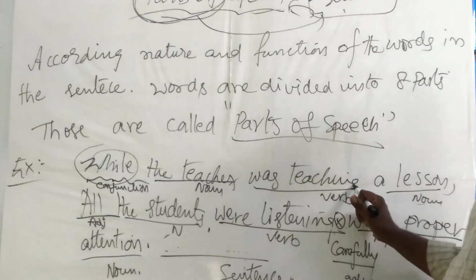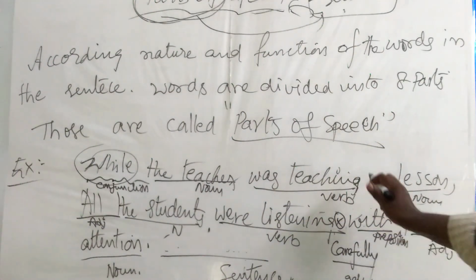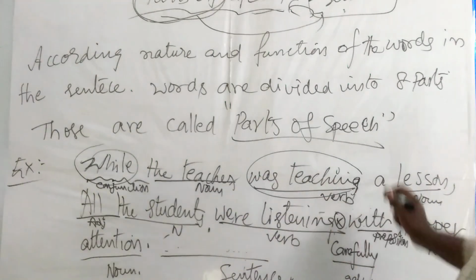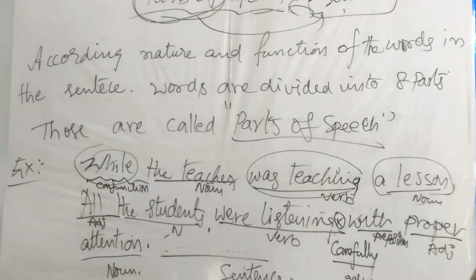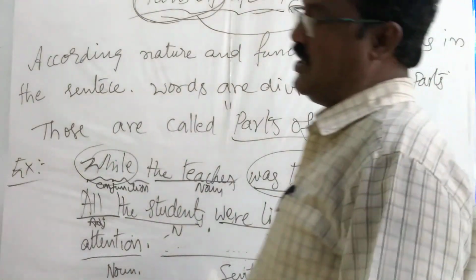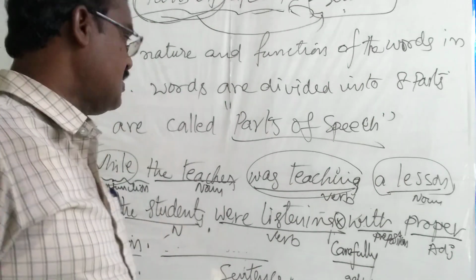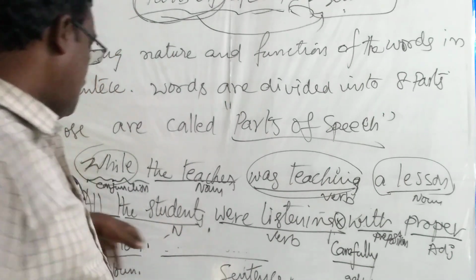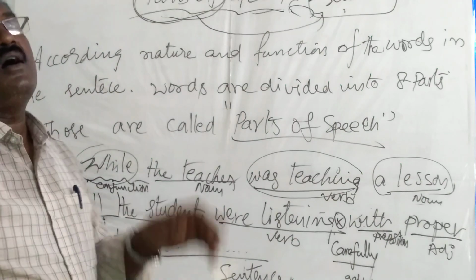Was teaching, we already know be form, V1 plus ing, continuous tense. So be form, main verb with ing. This is called verb form. A lesson, this is also called noun. A lesson, a story, a picture, a letter, all these things are also called nouns. All the students, the students: noun. Which students? All the students.